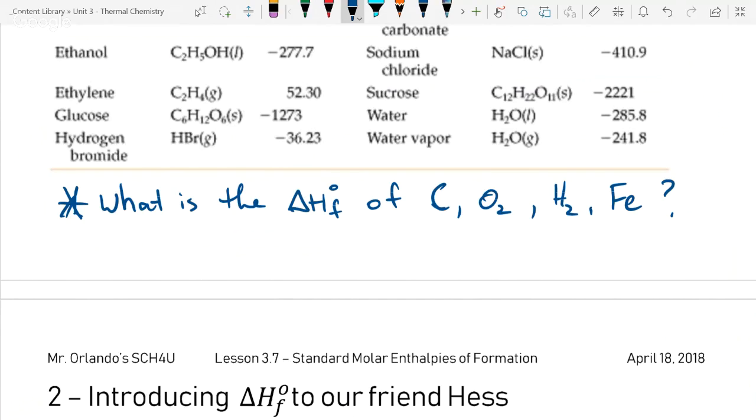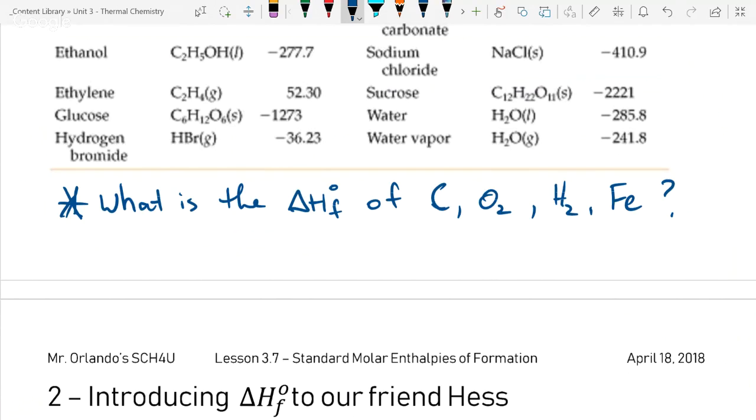Well, remember, we said these are the reactions when you make these things out of their basic pieces, right? So, do you have to do a reaction to make carbon out of its basic pieces? No, it's already its basic pieces. Do you have to do a reaction to make oxygen out of oxygen in its most common form? No, it's already itself. So what would you guess the delta H naught F for all of these things is?